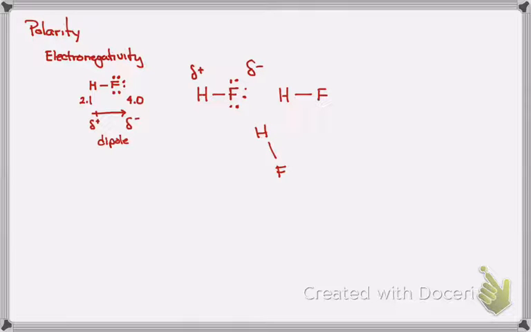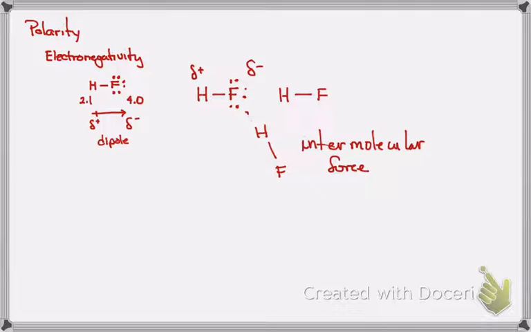And so this causes molecules that have separations of charge within them to be attracted to each other. So we call this kind of an attraction an intermolecular force, because it is between two molecules, and is created by these separations in charge.